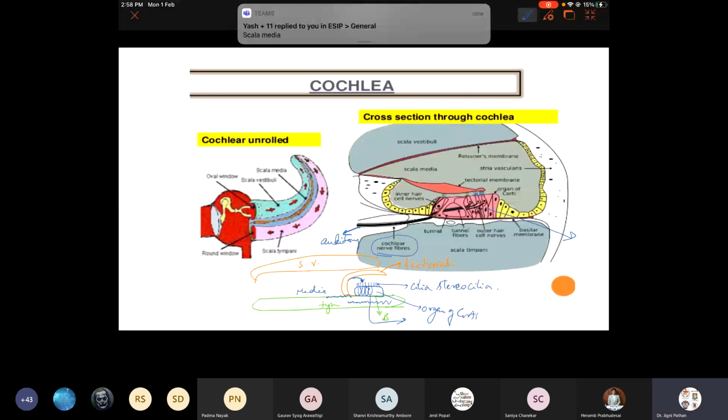Basilar membrane, right? The organ of Corti is located on the basilar membrane, not the tectorial membrane. It's the basilar or tympanic membrane. The organ of Corti has cilia, which are stereocilia, which are sensory.